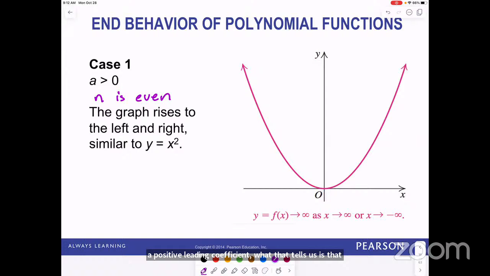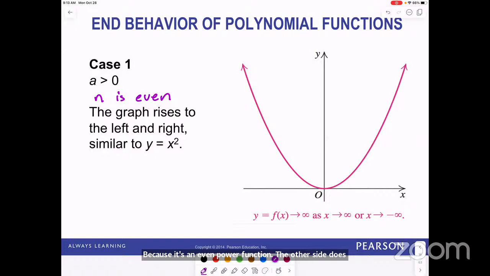Because it's even, the other side does the exact same, right? So if you think even power function, just think of the parabola. A positive leading coefficient, we know the parabola opens up, but to be a little more precise, when the leading coefficient is positive, that tells us the right-hand side goes up. Because it's an even power function, the other side does the exact same thing. So up to the right, up to the left.